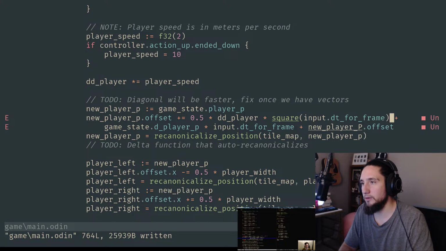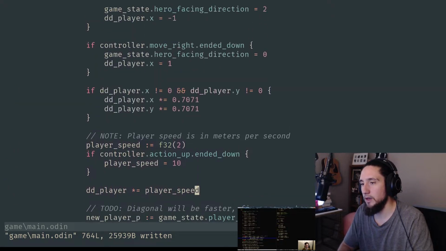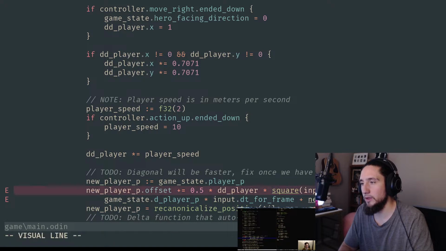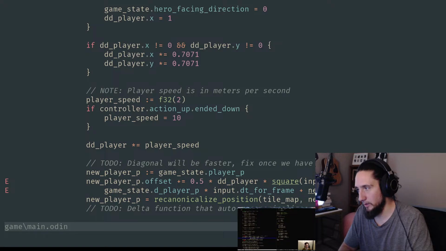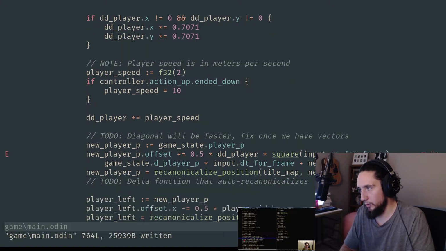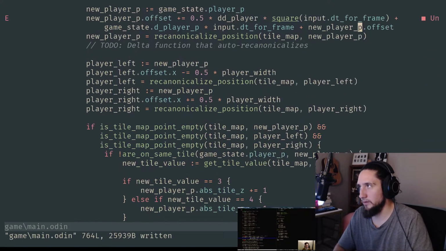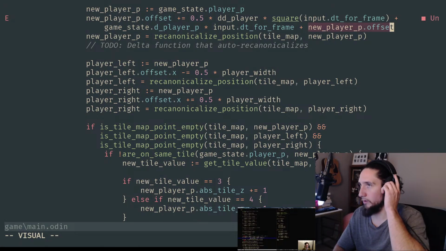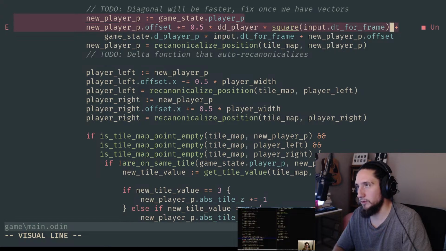I guess it doesn't matter whether you're adding the old game state player P offset or the new one, because we haven't changed it. So it's the same value that it was before.